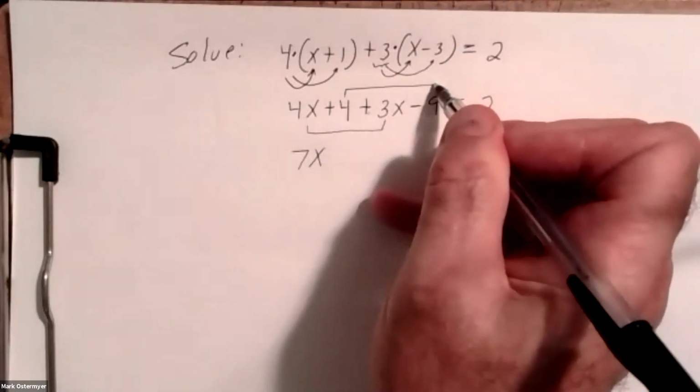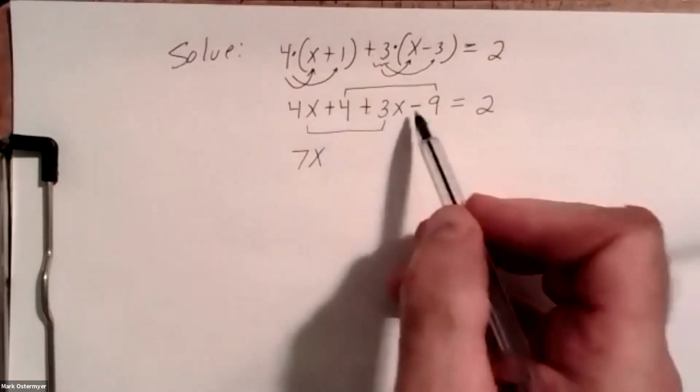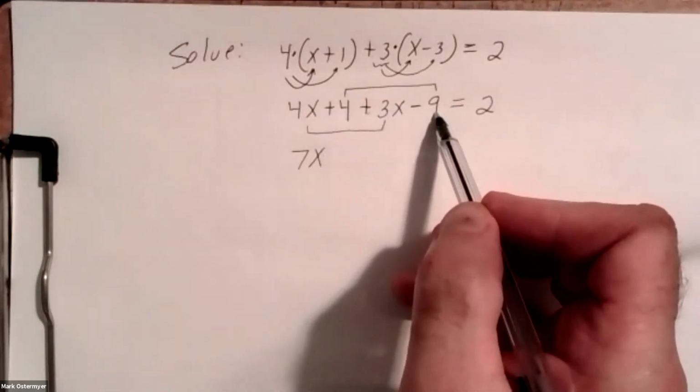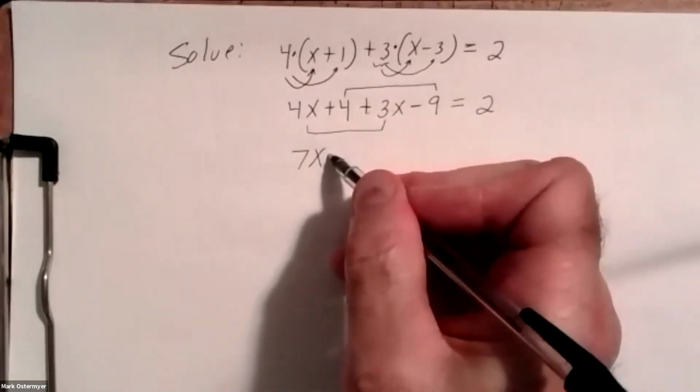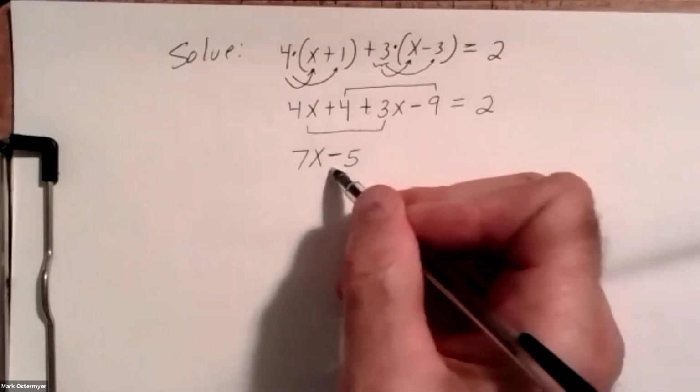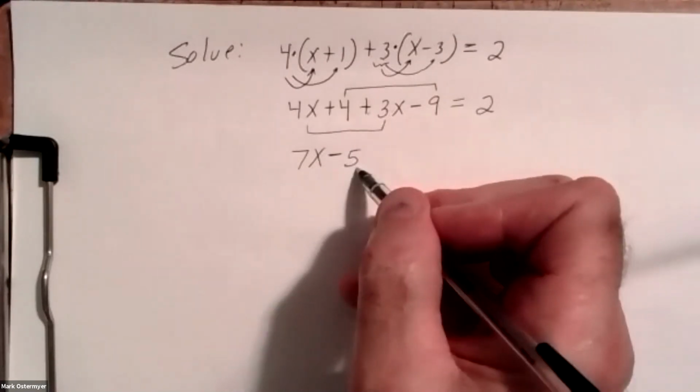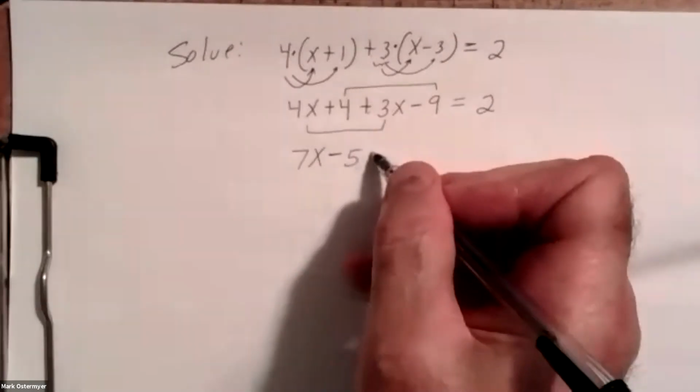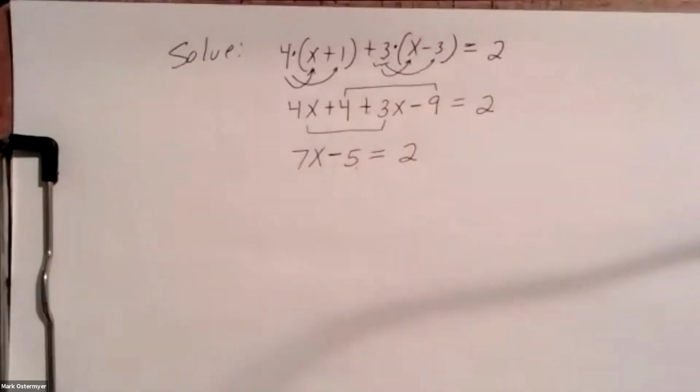What's 4 subtract 9? Negative 5. Now you could say plus a negative 5, or you can just say negative 5. I will just say negative 5. On the right side, we have just 2. All right, so we got our equation down to this now. We're getting closer. What do we do next?